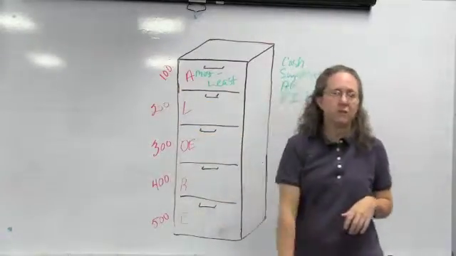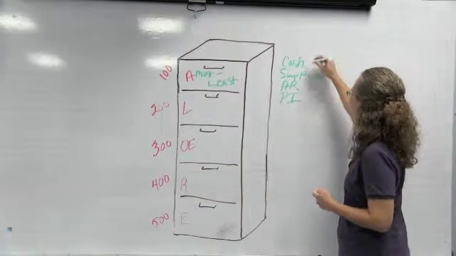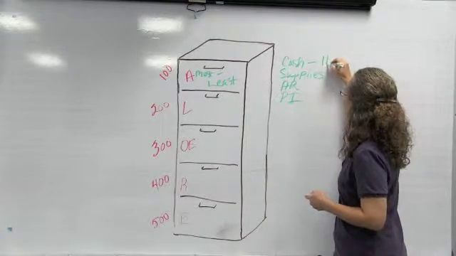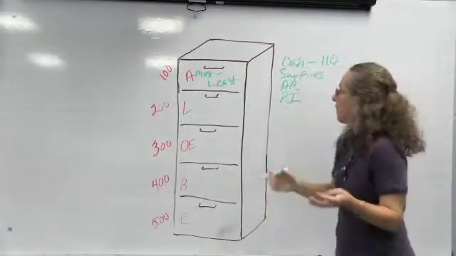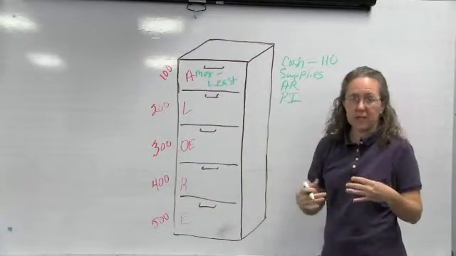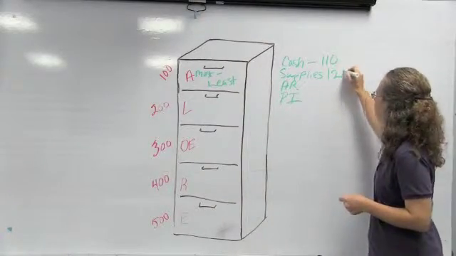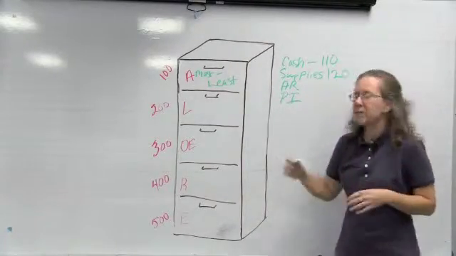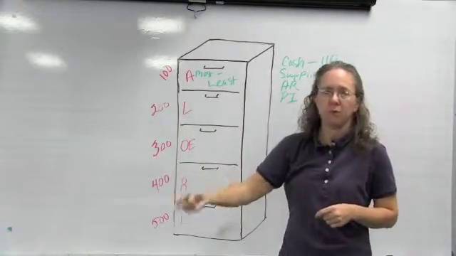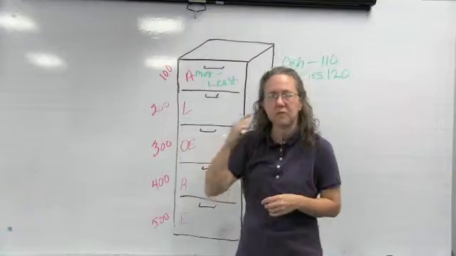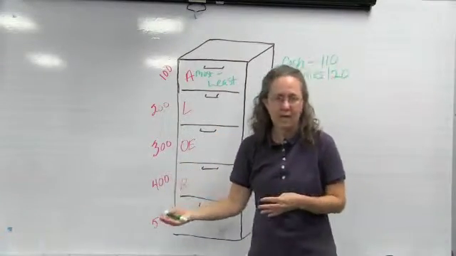We're going to give each one of these a 100 number. Cash is our most used asset, so we're going to give it the number 110. That's our top asset. From there, we're going to drop down another 10 to give our supplies a 120 number. We're going to leave space in between so that just in case later on, as I'm going through transactions and realizing I'm doing something more often, I might want to add a new account.